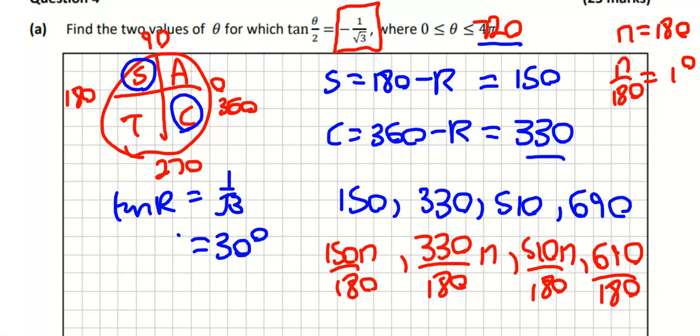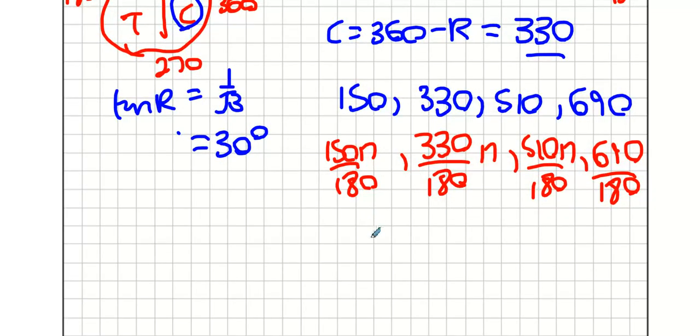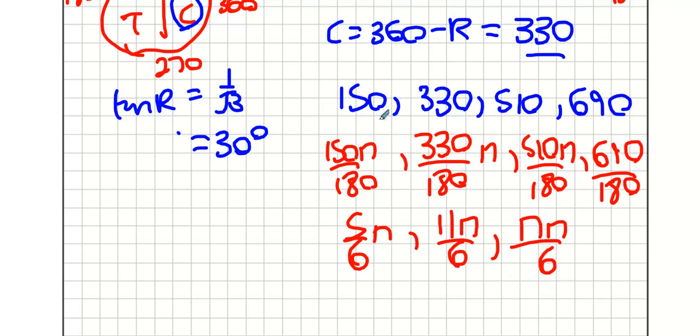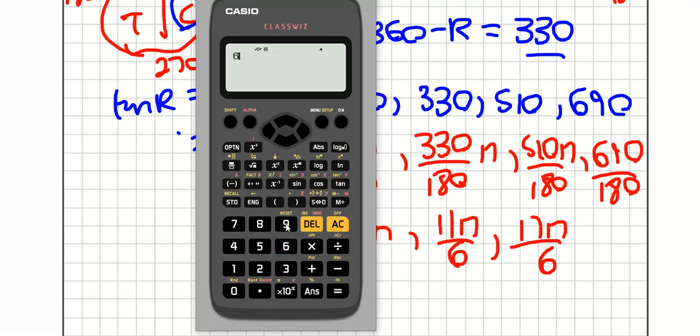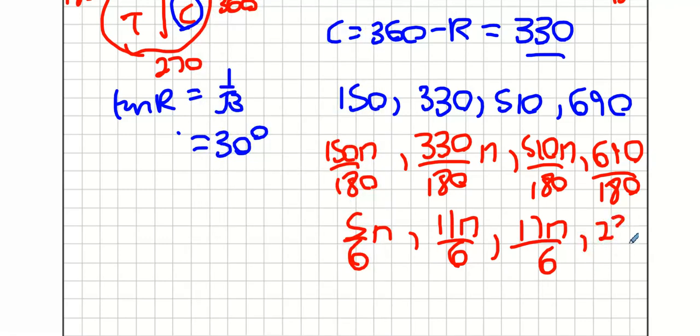I'm just going to put all these into the calculator. The first one's going to be 5 pi over 6. Second one's going to be 11 pi over 6. Third one is going to be 17 pi over 6. And the last one is going to be 23 pi over 6. There we go.